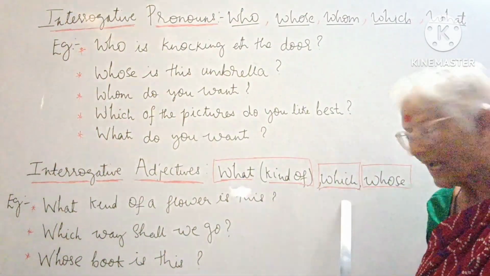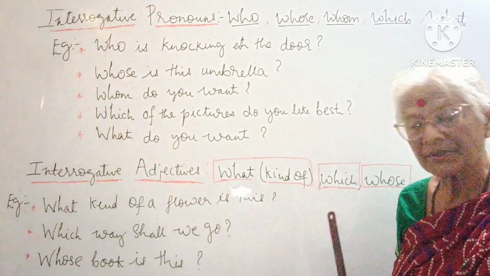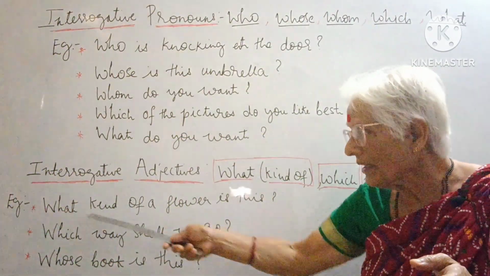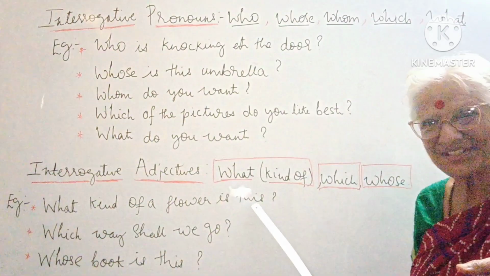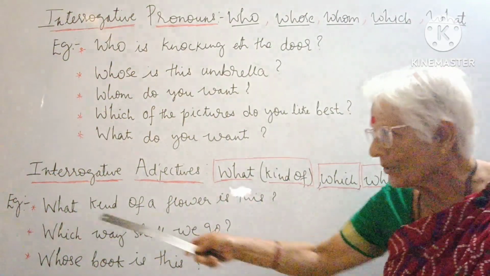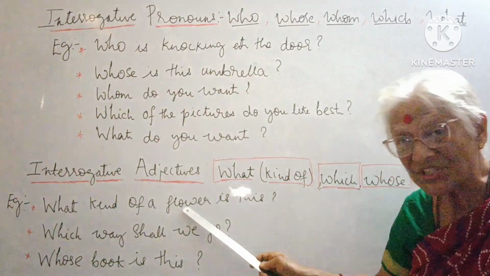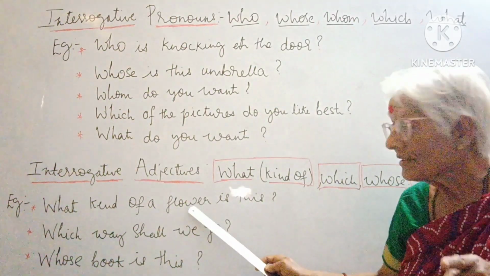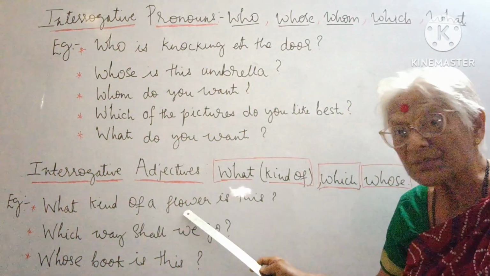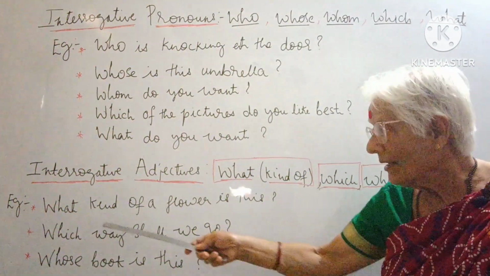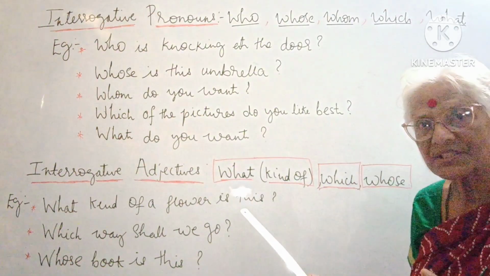Then which and last of all whose. Now first question, what kind of a flower is this? Look at this, what kind of? I've placed it before the noun. This WH question is placed before the noun. It precedes the noun.